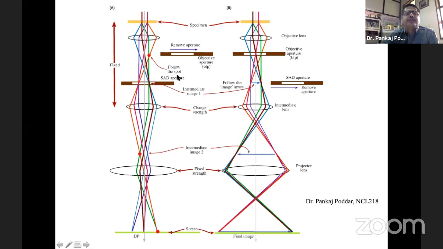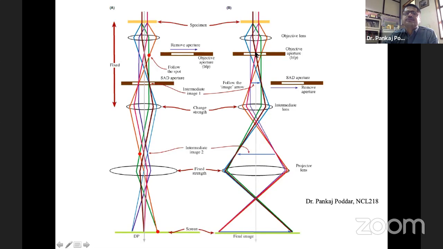When we want to make a diffraction pattern, the first thing is that you have to remove the objective aperture. You can see that this is removed, number one. We don't need it here. When we make the HRTEM image, we need to put the objective aperture back in the back focal plane. BFP is the back focal plane, where these beams focus. You can see these beams are merging here.